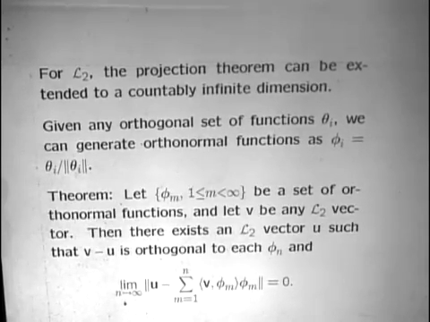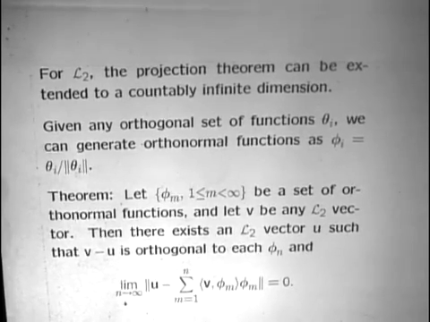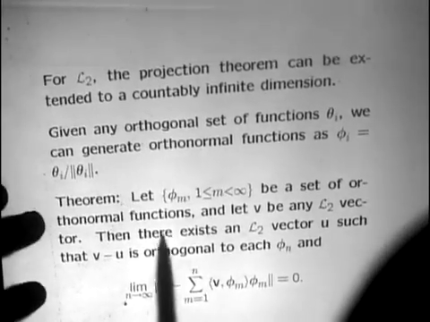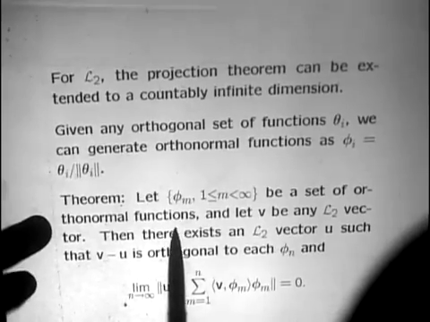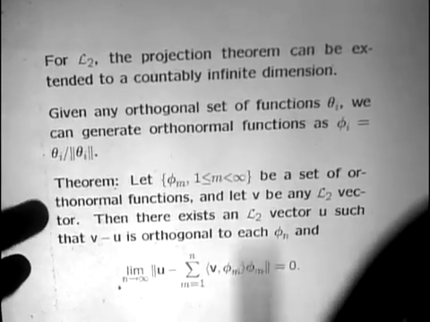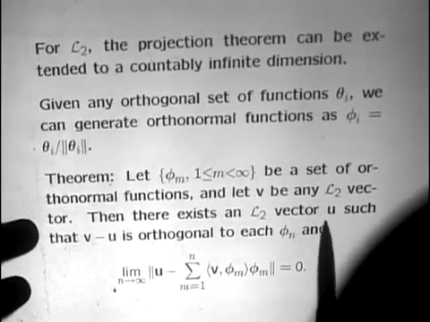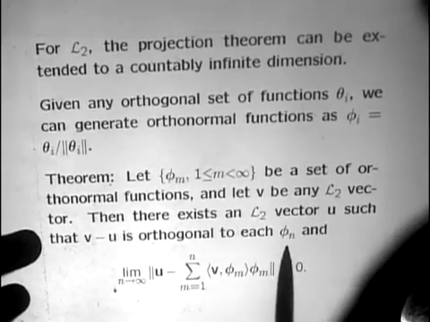When I do that successively, which is successive approximations in a Fourier expansion or in any orthonormal expansion, what I'm going to wind up with is the following theorem. It says, let phi sub m be a set of orthonormal functions. Let v be any L2 vector. Then there exists an L2 vector u such that v minus u is orthogonal to each phi sub n.